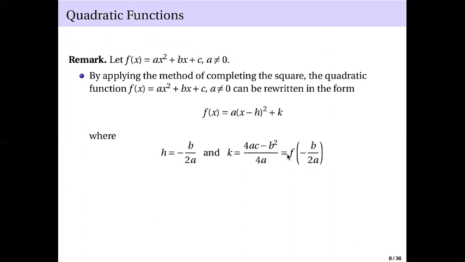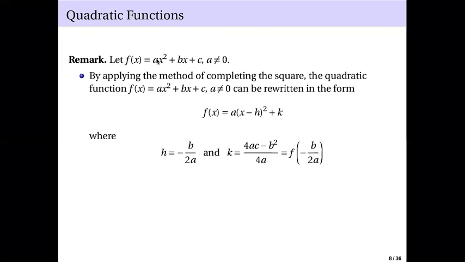Or simply, it's just the evaluation of your function f at h, where h is negative b over 2a. So take note, if you take x equals h, then x minus h becomes 0, so you will just have f of h equals k. K is just the evaluation of the function f at that value h, which is negative b over 2a.